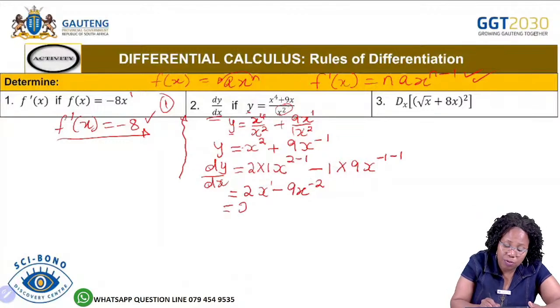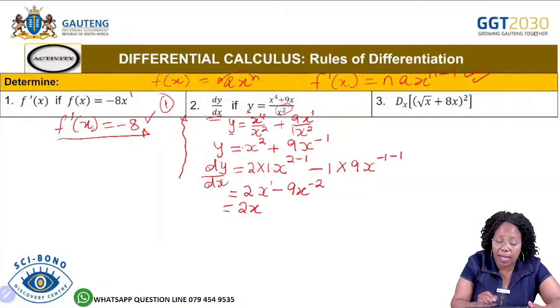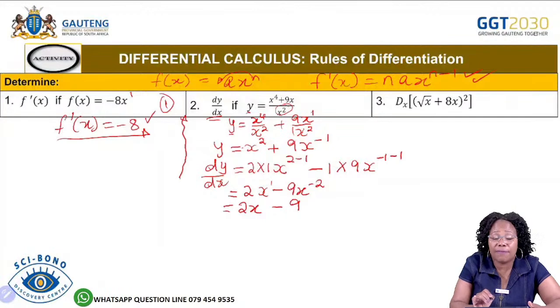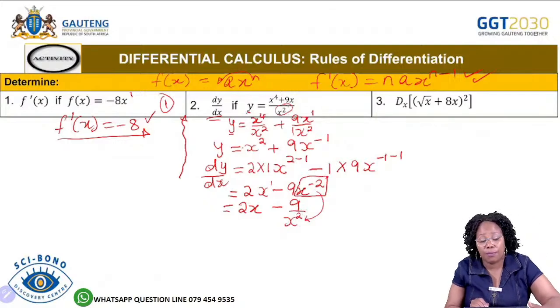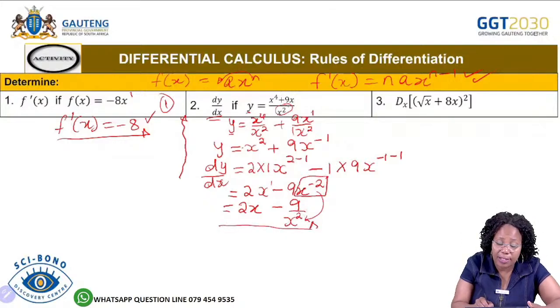That means now you need to continue if that is the case. And leave a minus 9 because it's not affected. The negative is only on this part. So now we'll take this back into the denominator there. Then it will change to x to the power positive 2 now.